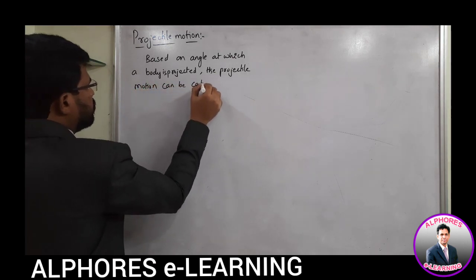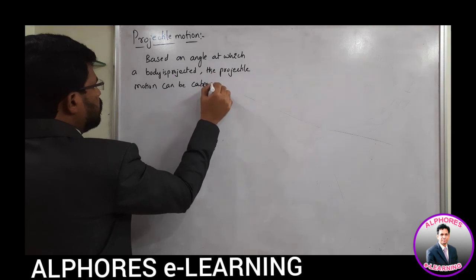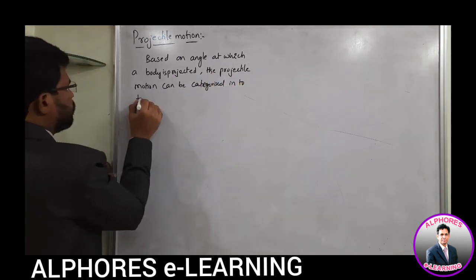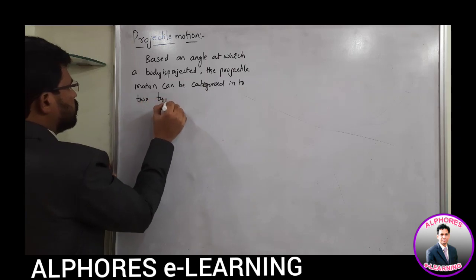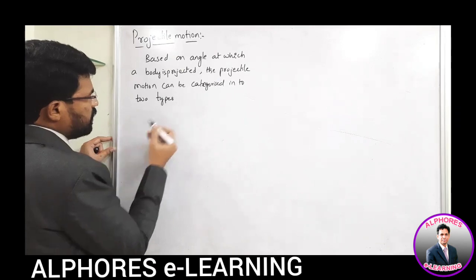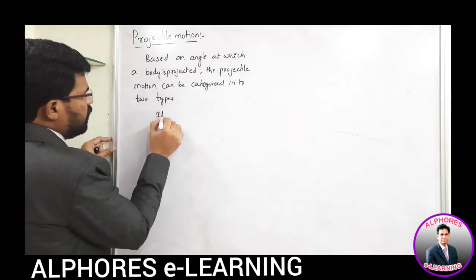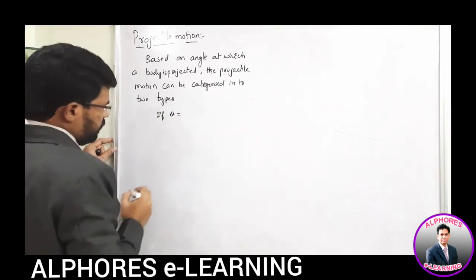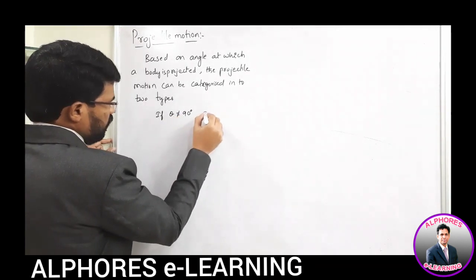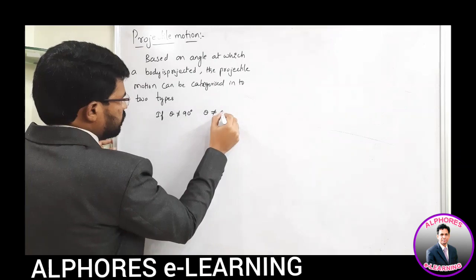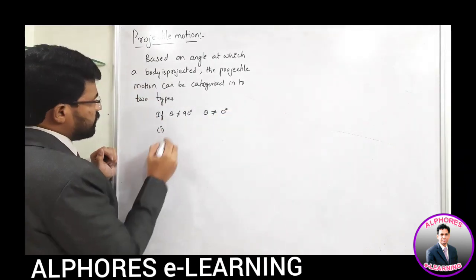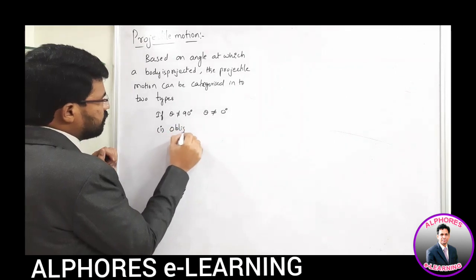Let theta be the angle. If theta is not equal to 90 degrees and theta is not equal to 0 degrees, then the projectile motion is called oblique projectile motion.